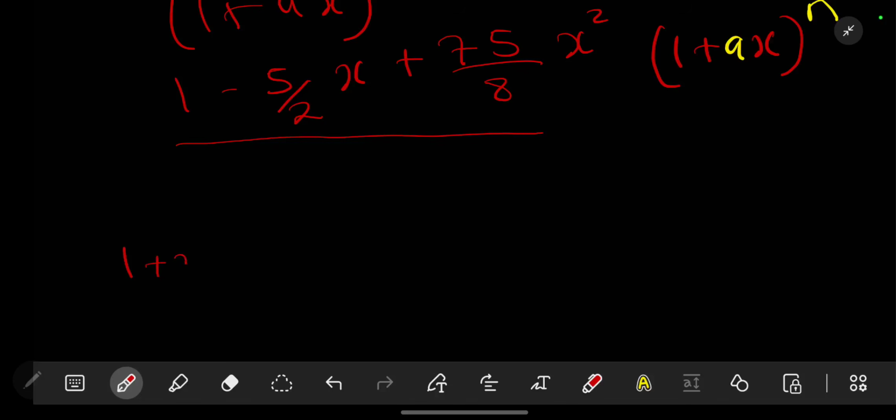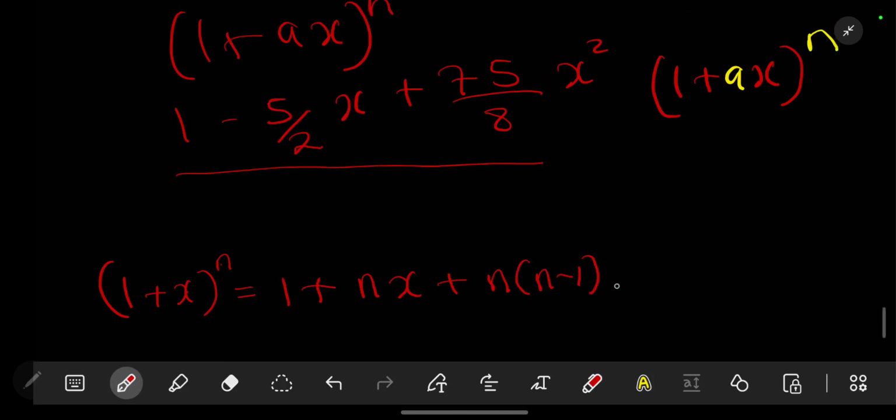So we have (1 + x)^n. When you are expanding such an expansion, you say this is equal to 1 plus, you can even memorize it if you want, then the next one will be nx. Then we have plus, the third one will be n(n − 1) times x squared over 2 factorial.